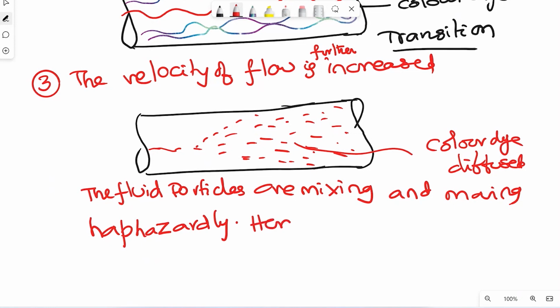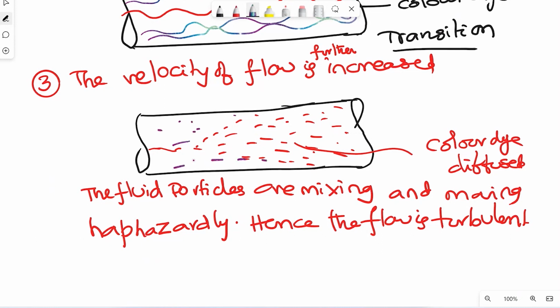Hence, the flow is turbulent. Here, if you see, the fluid particles and the dye particles are all completely diffused in the pipe. Then this type of flow is called turbulent flow, right?